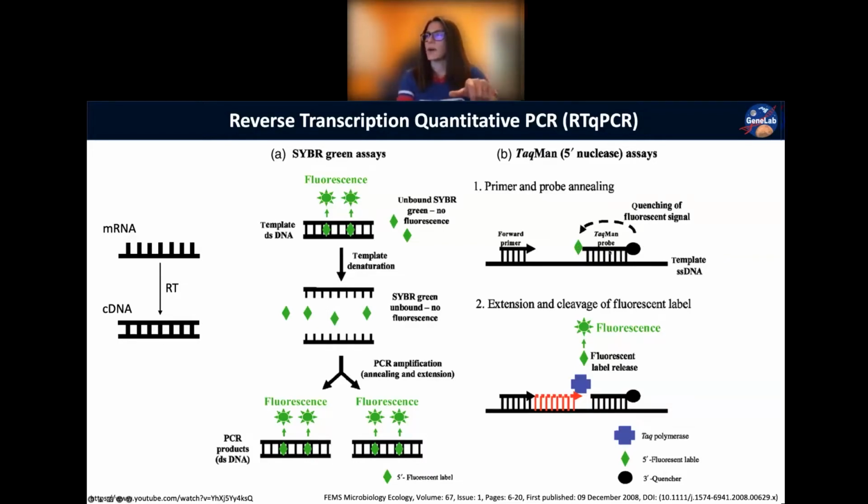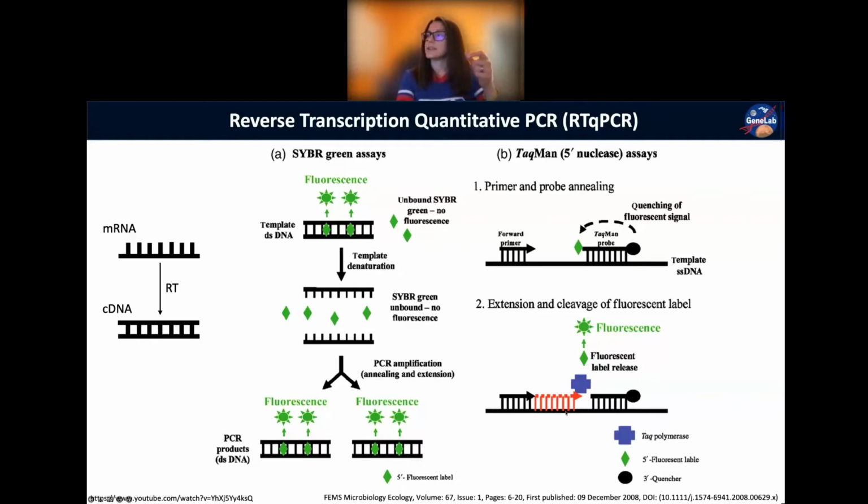And so what happens is when this fluorophore is in close contact with this quencher, like it is at the start, the quencher inhibits that fluorophore from releasing a signal. Now when you run your PCR, you give it a special kind of polymerase called Taq polymerase, which has 5' endonuclease activity, so it can cleave base pairs at the 5' end.